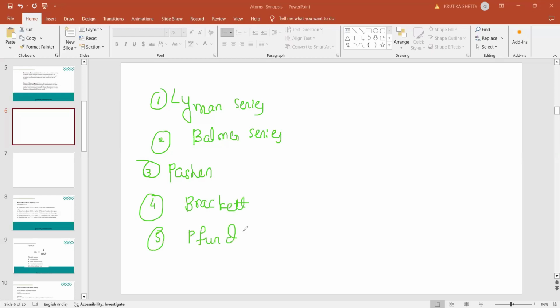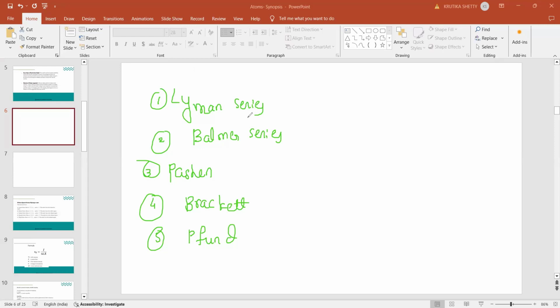So these are the five series here, students: Lyman series, Balmer series, Paschen series, Brackett series, and the Pfund series.